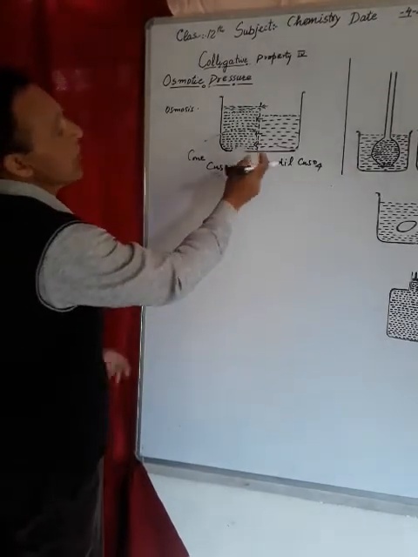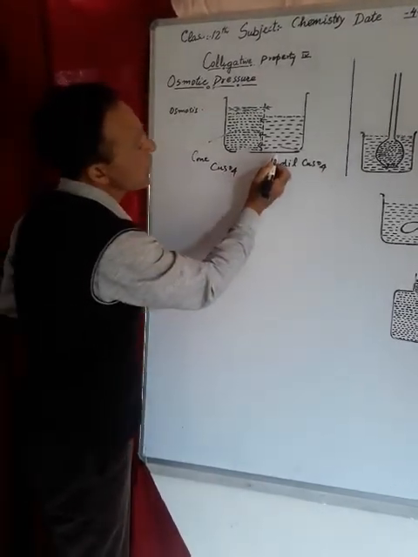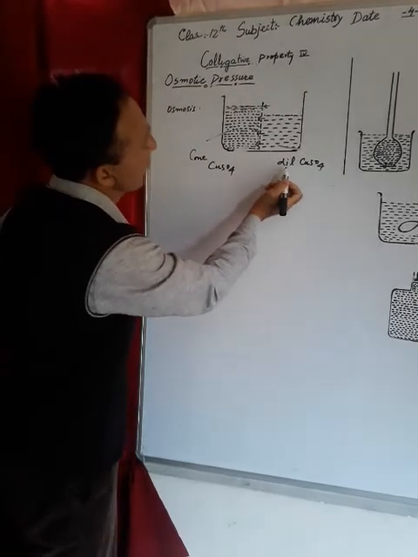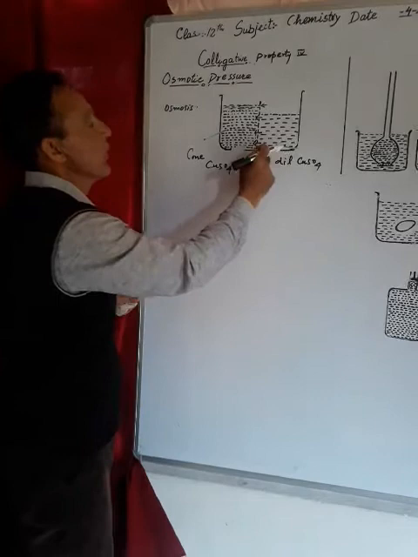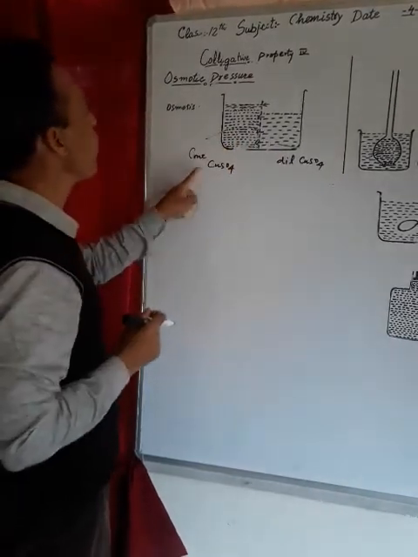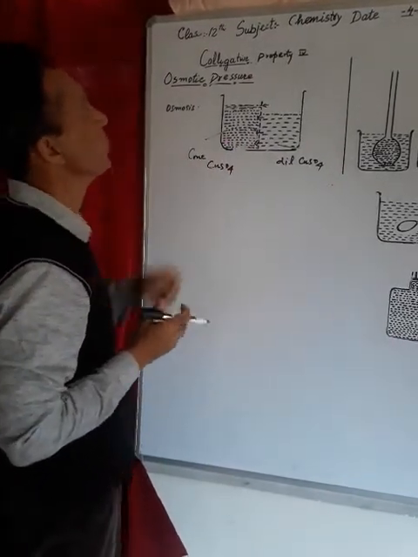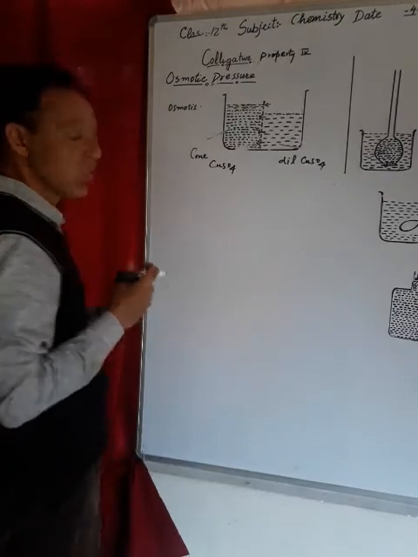Here we also see movement of the solvent molecules from the lesser concentrated solution, that is dilute copper sulfate, into the more concentrated copper sulfate solution.